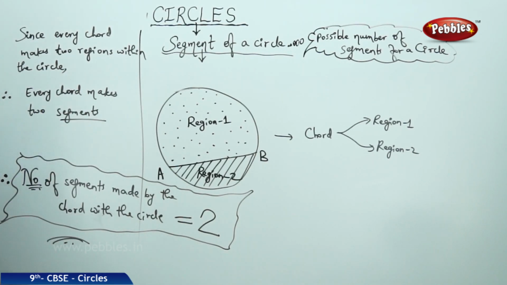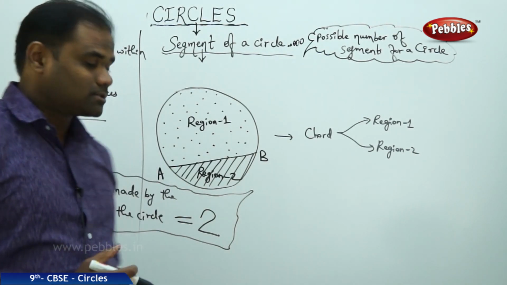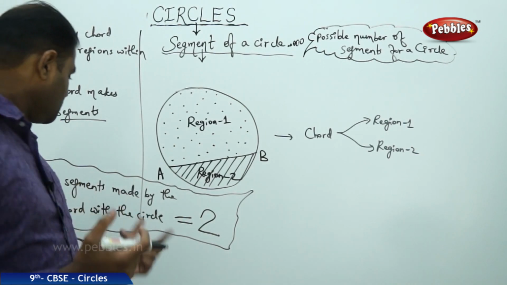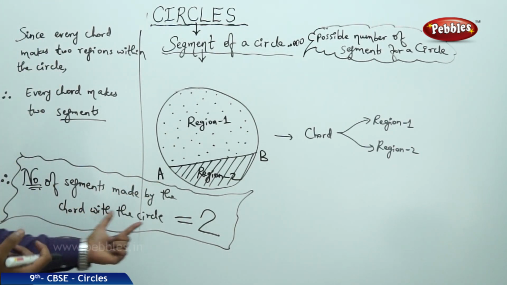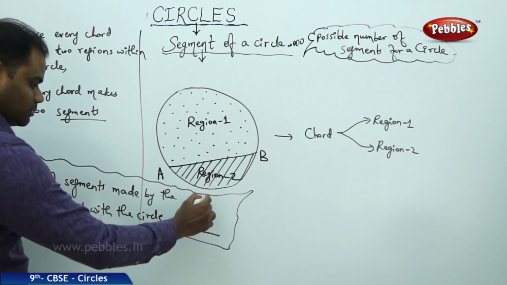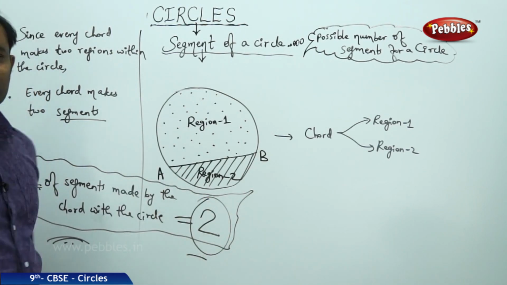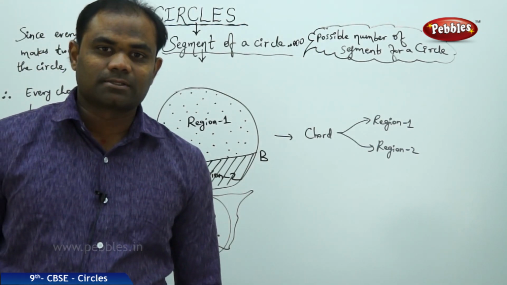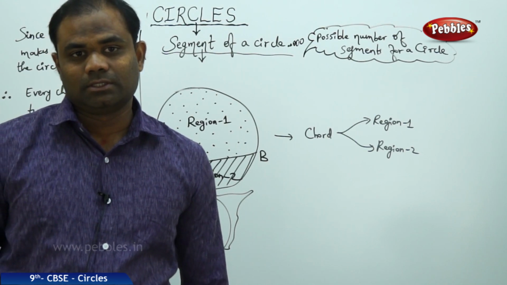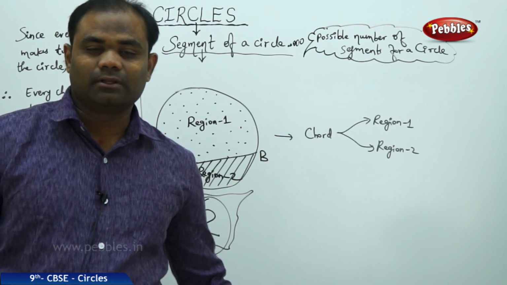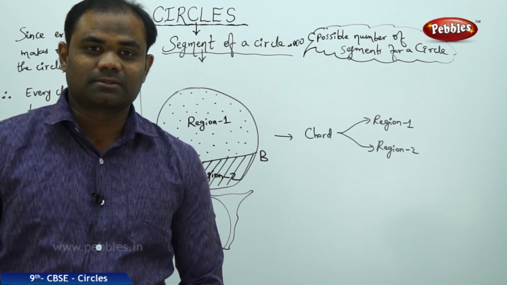This is how I understand the number of segments made by the chord with the circle is equal to 2. So there are 2 segments for any circle given in the branch of mathematics.